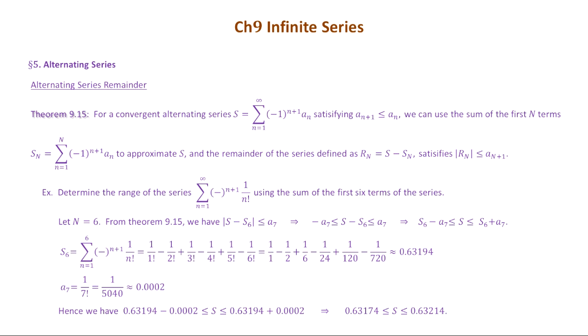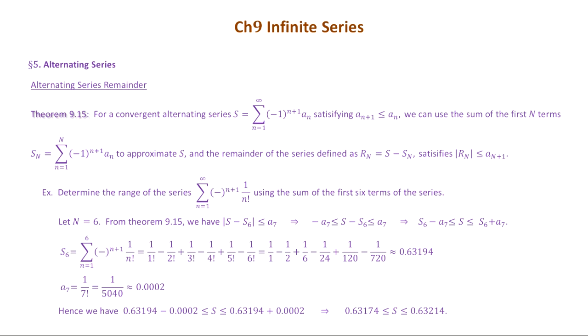Okay, the next thing is called the alternate series remainder. We're trying to find the sum of an alternate series. In case this series converges, then we want to find a precise number for this sum, but sometimes it's not even possible to do that.